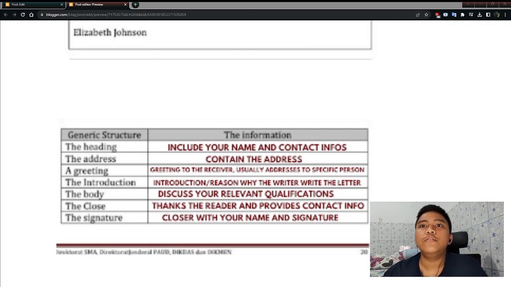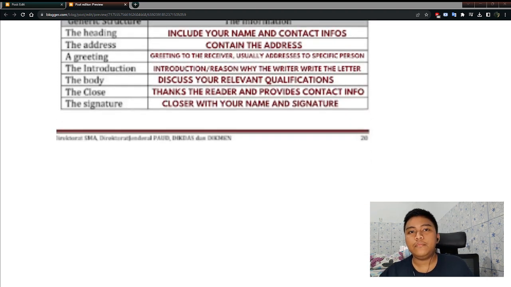You introduce yourself and the reason why you write the letter. The body of the letter discusses your relevant qualifications for the position. The closing thanks the reader and provides your contact info. And the signature is your signature and your name.